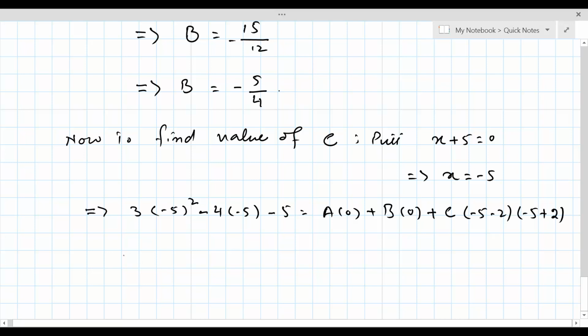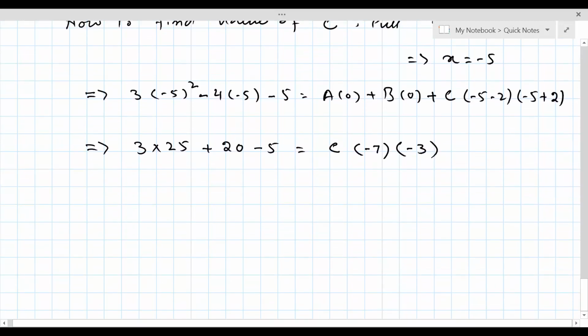So this way we will have 3 times 25 plus 20 minus 5 is equal to c into minus 7 and minus 3.